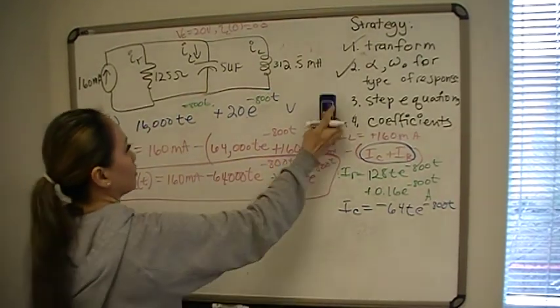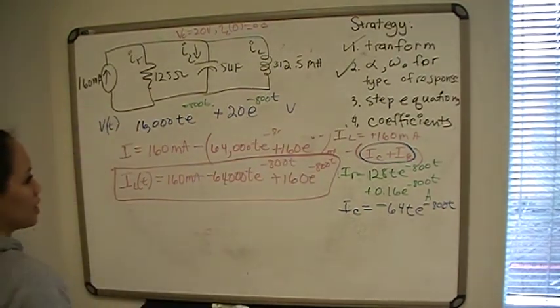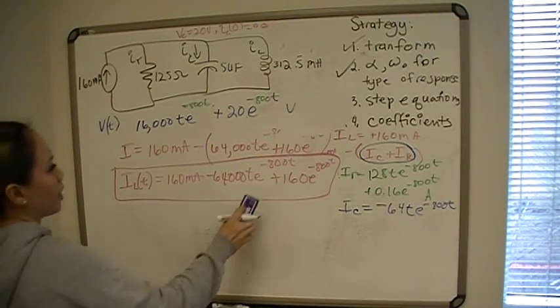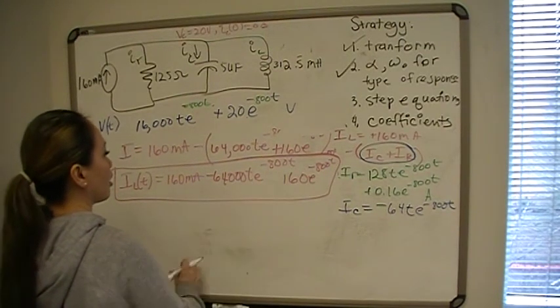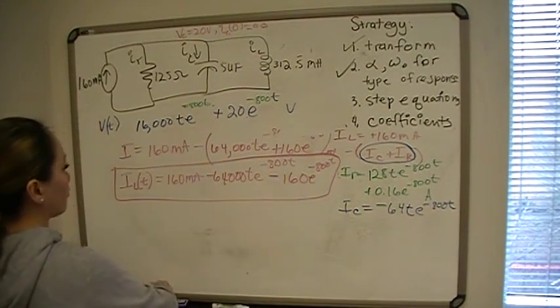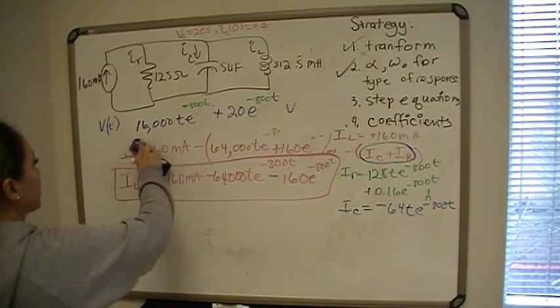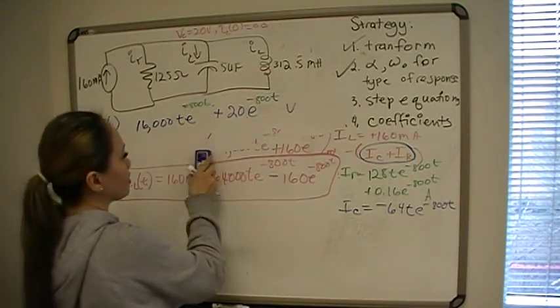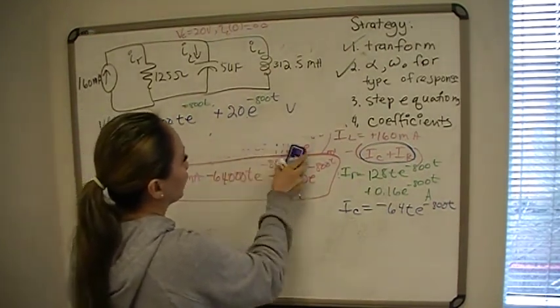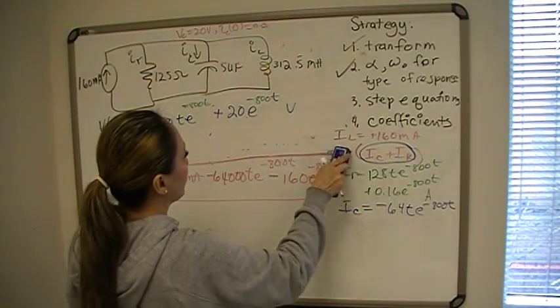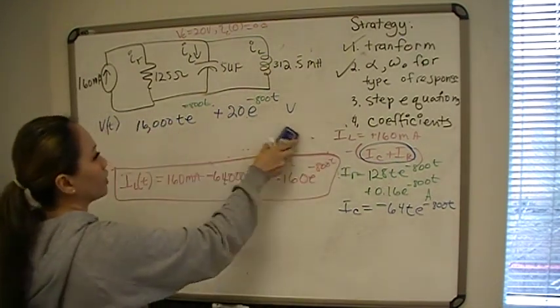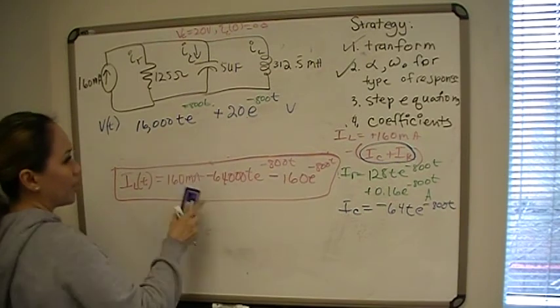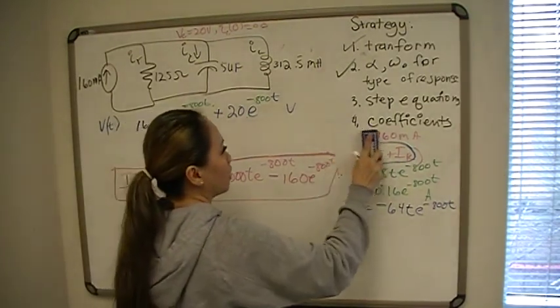It's a good idea to, hold on, let me see if I have it. Oops, I forgot a minus sign here. Minus. It's a good idea to just do a check to make sure that the equation makes sense. So we said earlier that at time equals 0, there was no current through the inductor. So if our general equation fails that test, then it's a wrong equation.